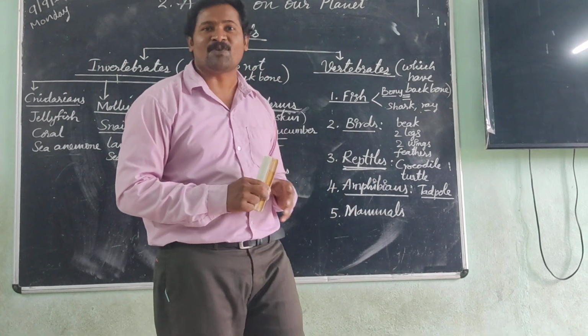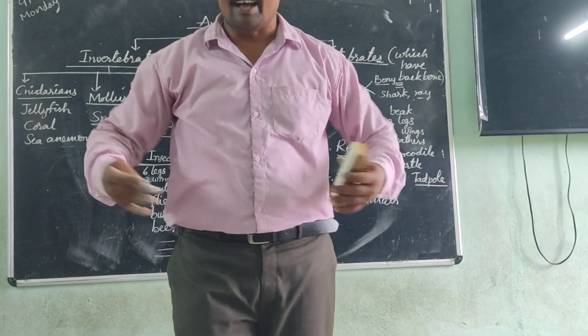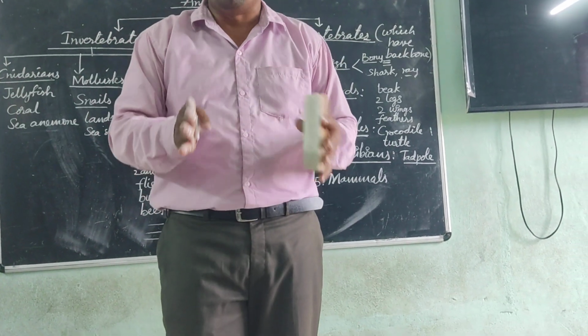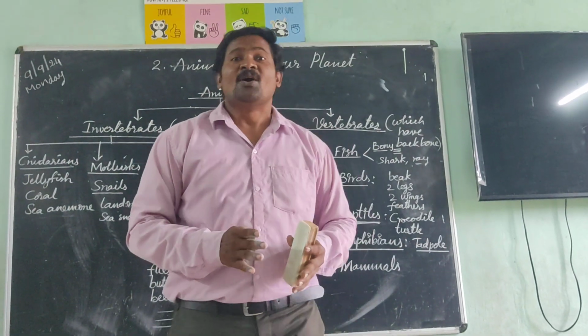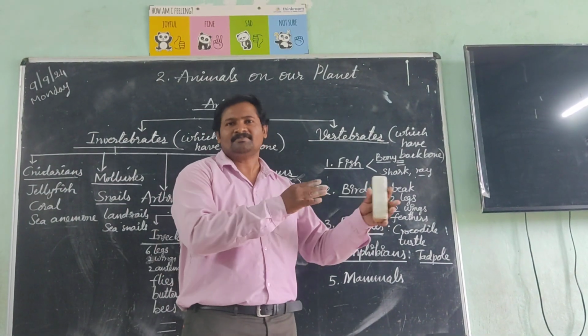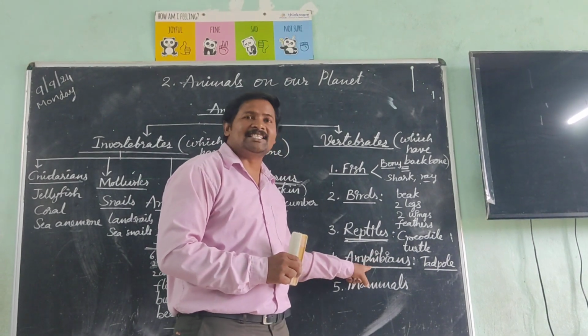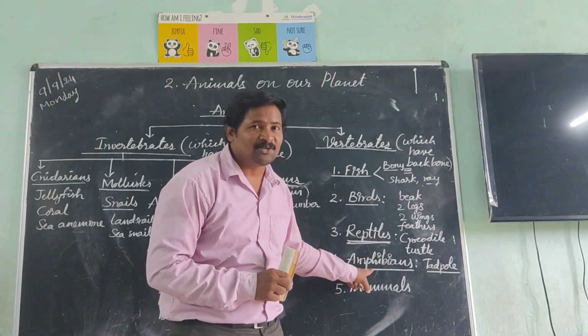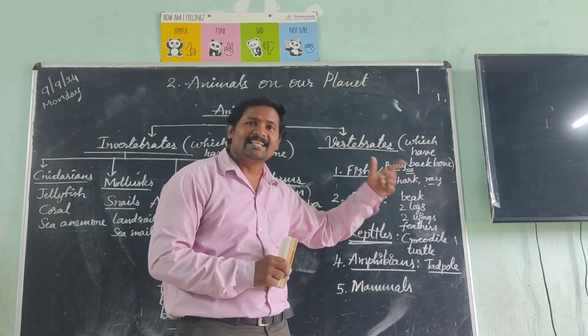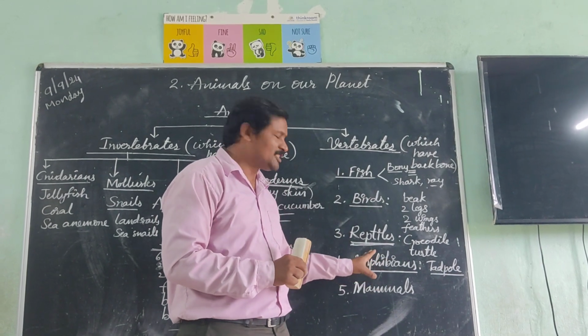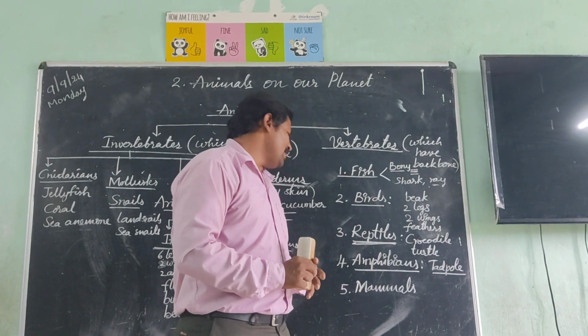What is the movement of these frogs? Are they flying? Are they running? No. They are hopping, jumping. And what about the reproduction in these amphibians? Are they giving birth? No. They are laying eggs. These are the special features you will study under these amphibians.